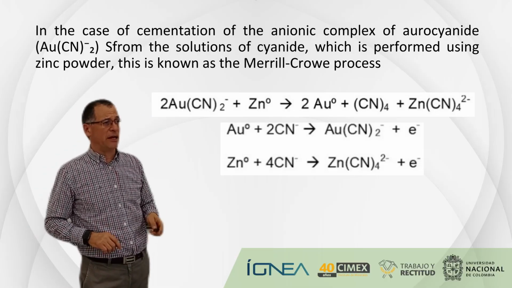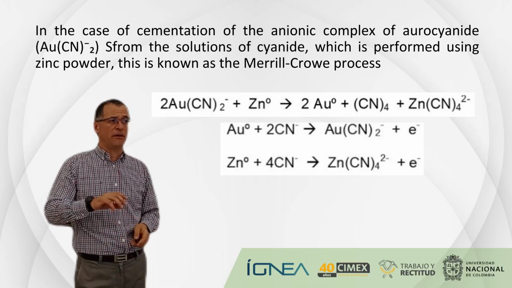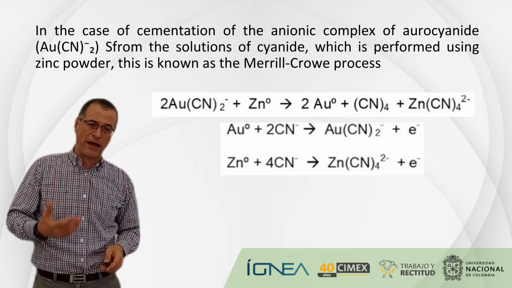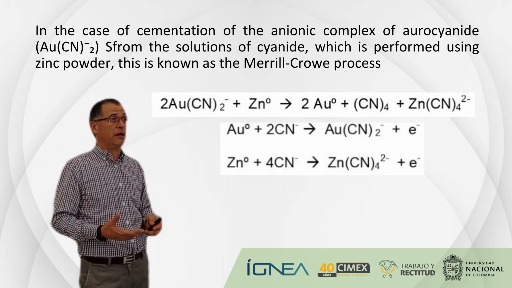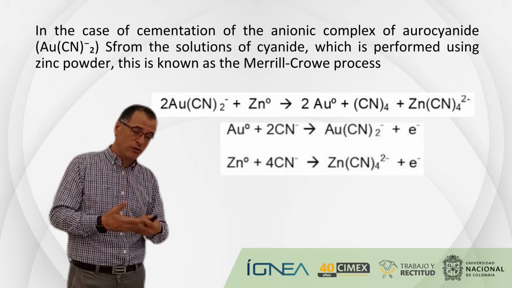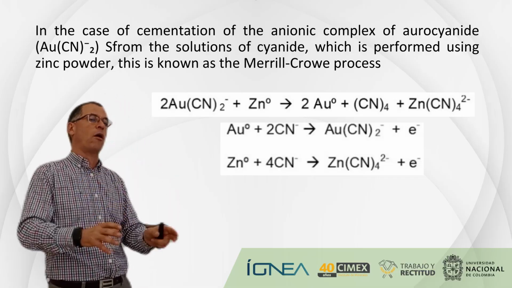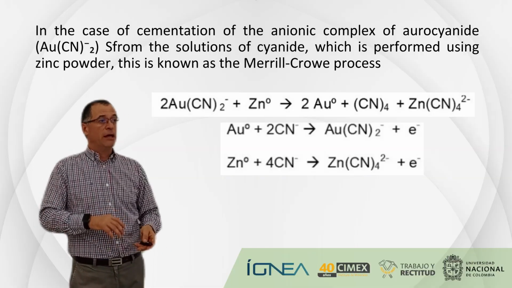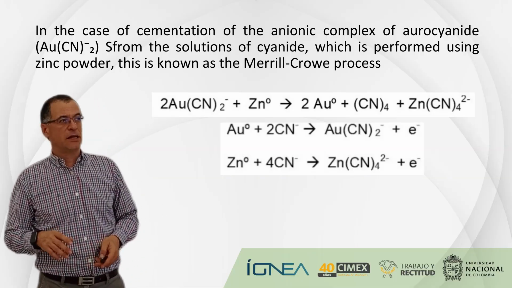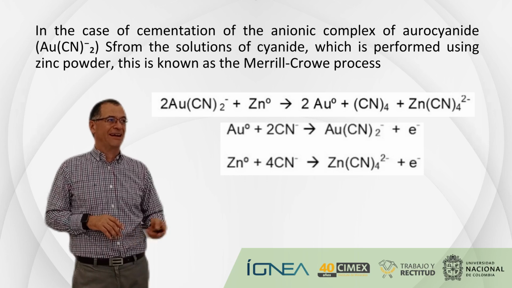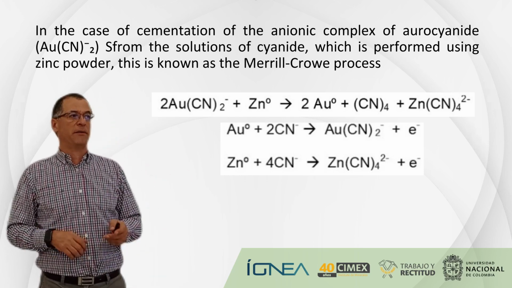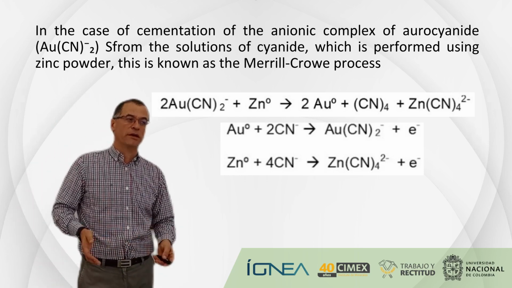This process is usually in the absence of oxygen. You need to create a vacuum condition for the solution in order to avoid the presence of oxygen. The name of this process is the Merrill-Crowe process, the most common process to obtain the gold.